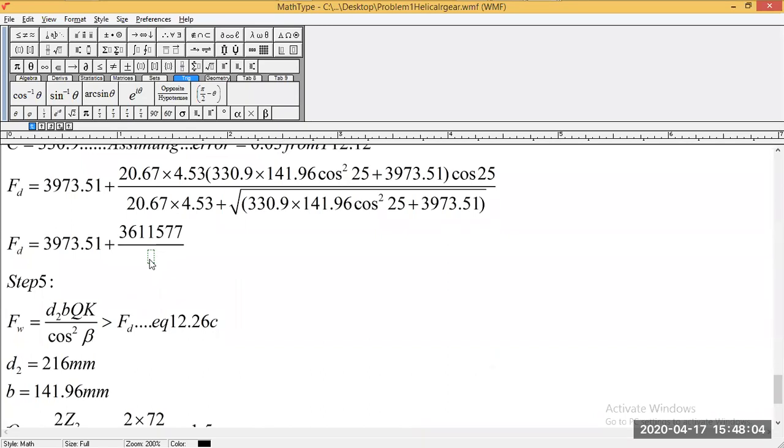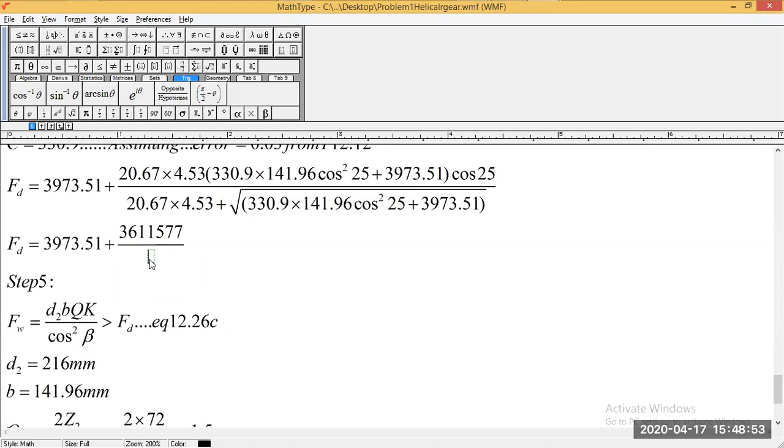And cos 25 squared into 141.96, 330.9 into 141.96, 3.9 plus 3973.51 root plus 0.7 into 4.5.